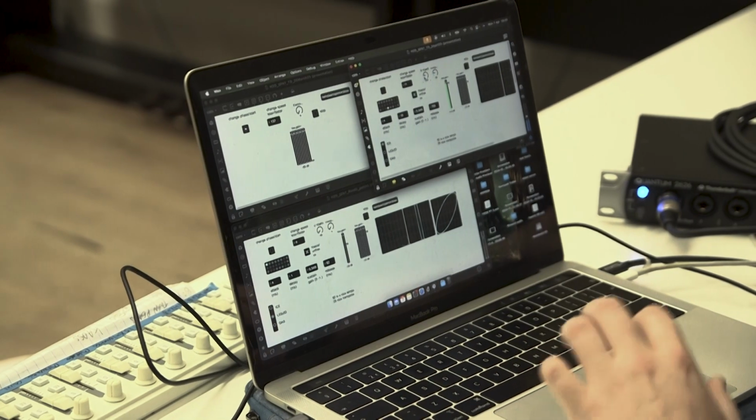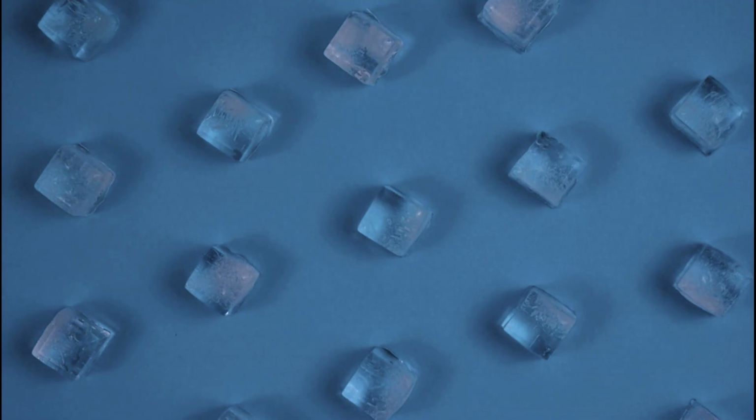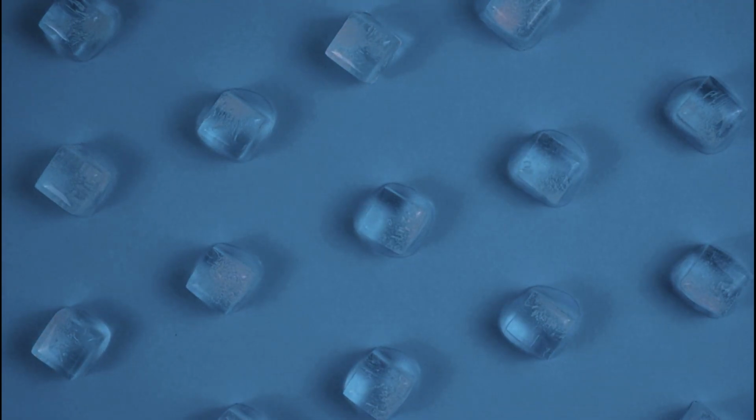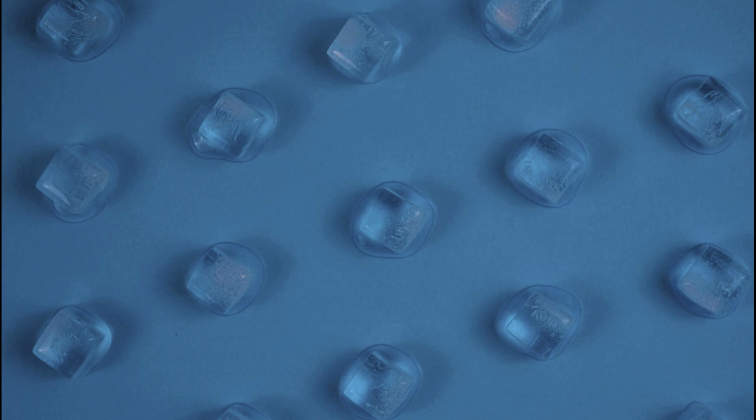The interesting thing about working with this patch is how unpredictable it is, and even though I created it in a way where it was the sound of ice or water, it didn't necessarily sound like that.